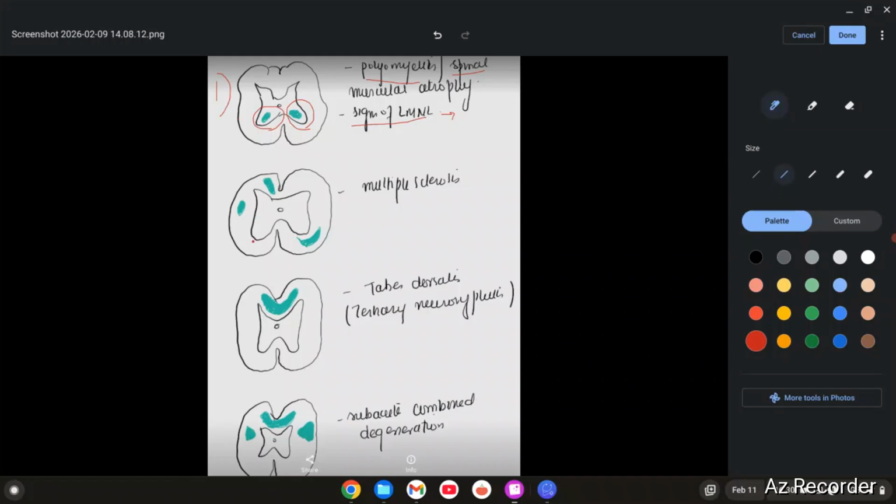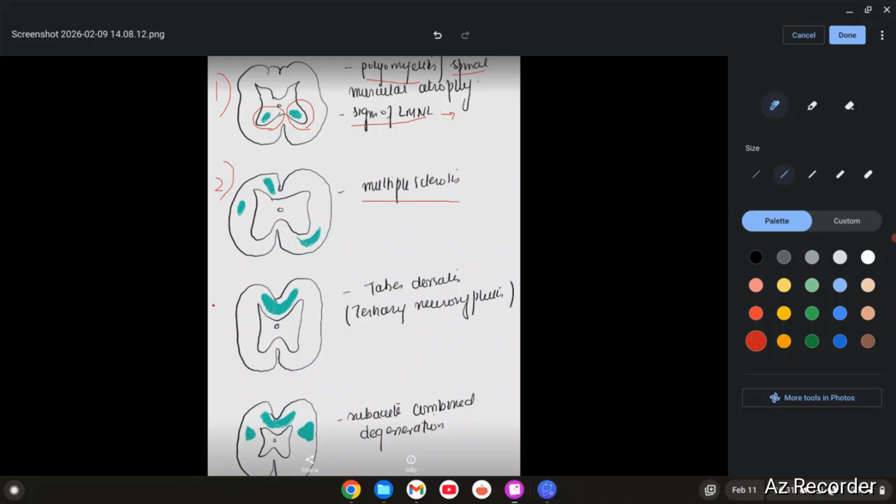Now if you have patchy involvement of the white matter of spinal cord, see only white matter has been involved. The spinal cord is part of the central nervous system, and if there is involvement of white matter of the central nervous system, specifically in an asymmetric pattern, that's multiple sclerosis.